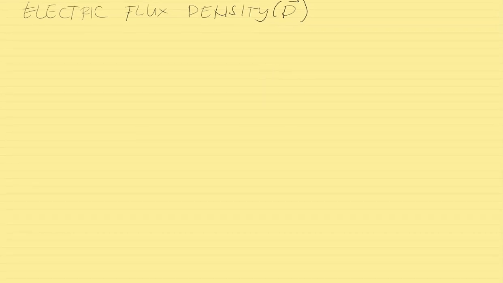So, what is electric flux density? Mathematically, it is a surface area density. It's similar to the surface charge density because charge is in coulomb, and electric flux is also in coulomb.